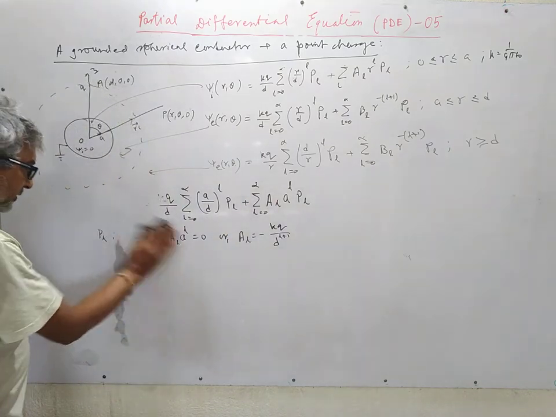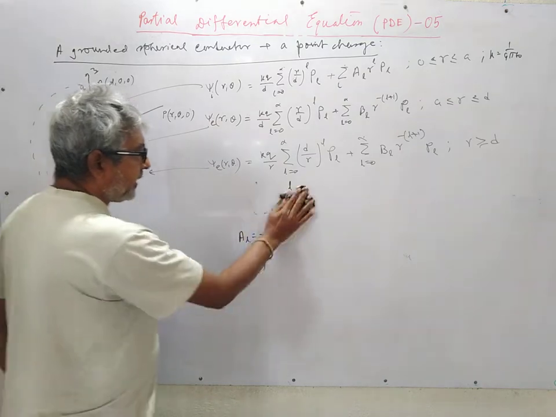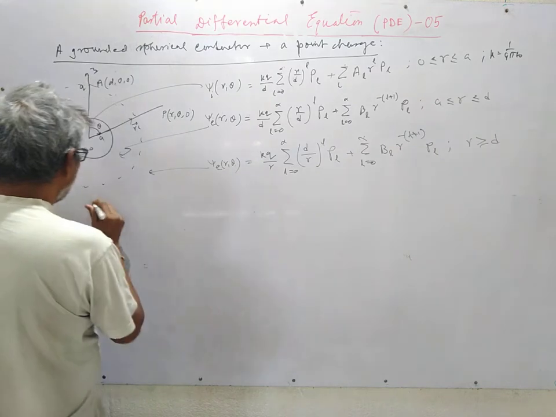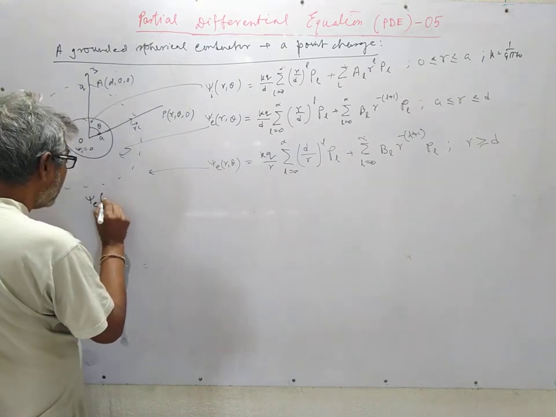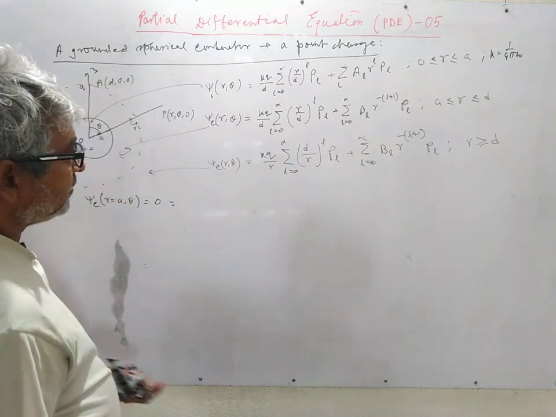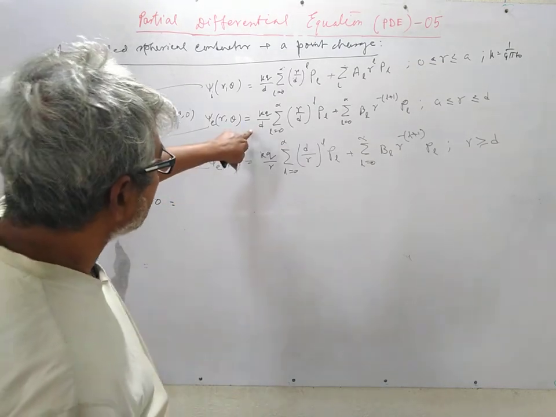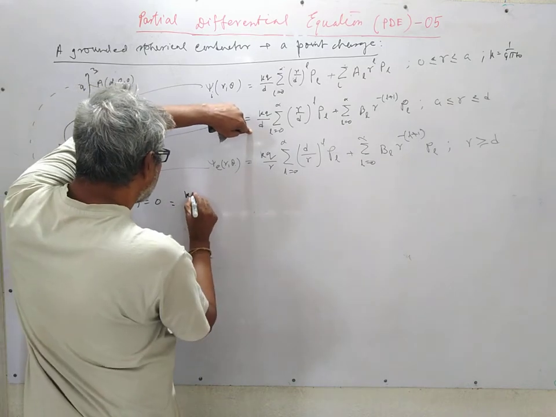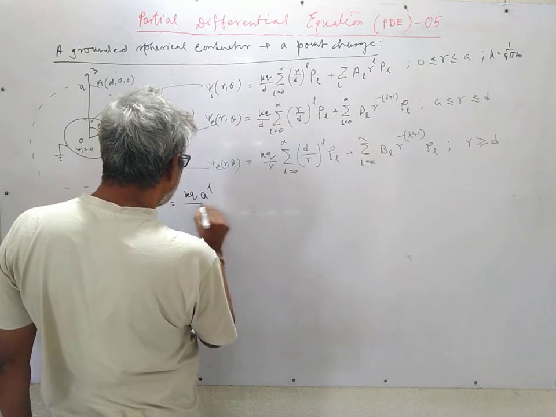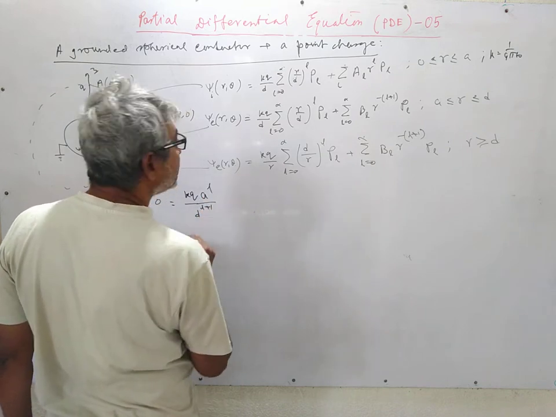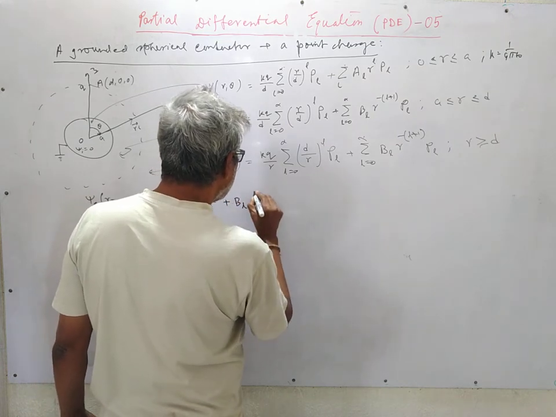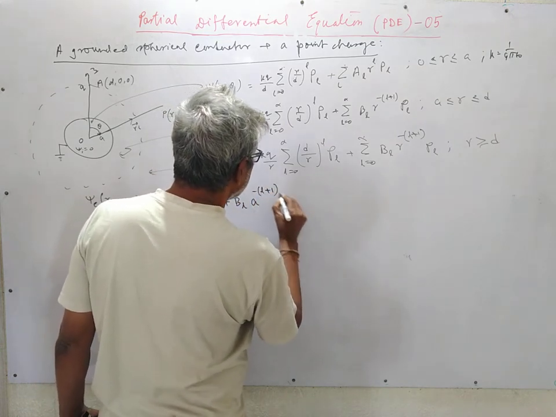Again, if we apply the boundary condition on this solution, that is phi E at r equal to a, theta is 0. Now this is the proper solution. So we have KQ by a to the power L d to the power L plus 1, plus BL a to the power minus (L plus 1) is equal to 0.